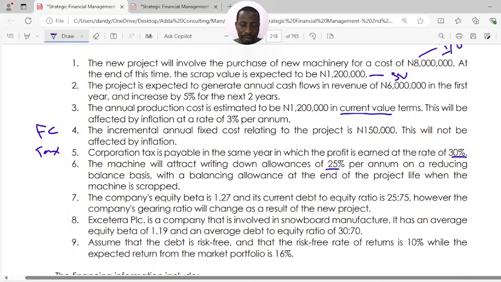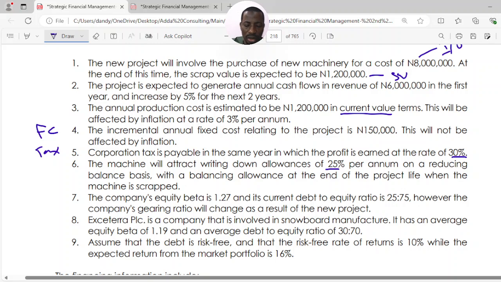Number 7, the company's equity beta is 1.27 and its current debt to equity ratio is 25 to 75%. However, the company's gearing ratio will change as a result of the new project.